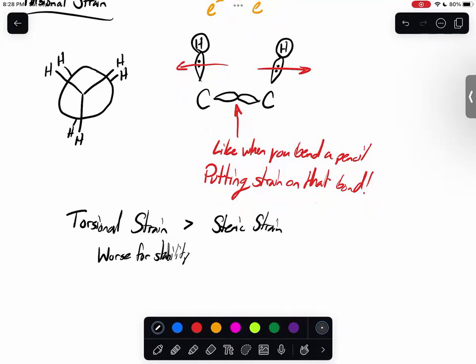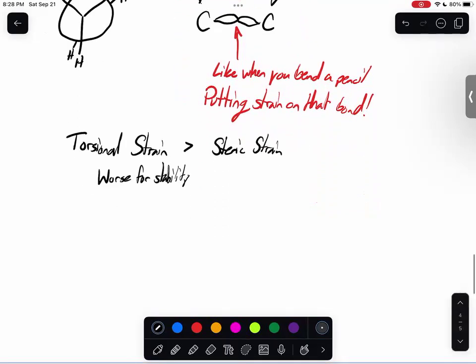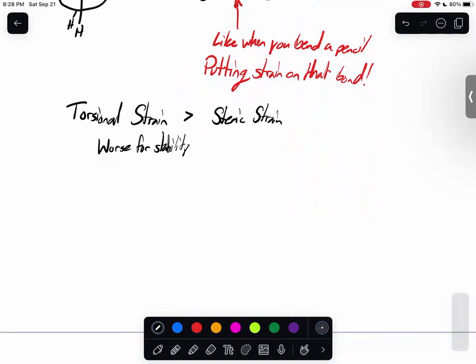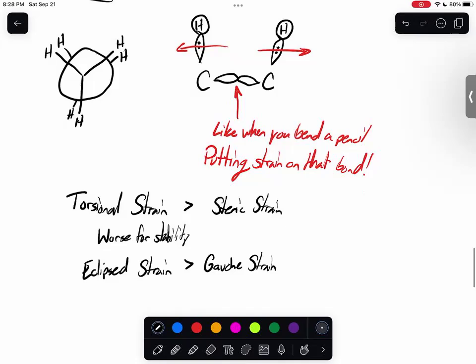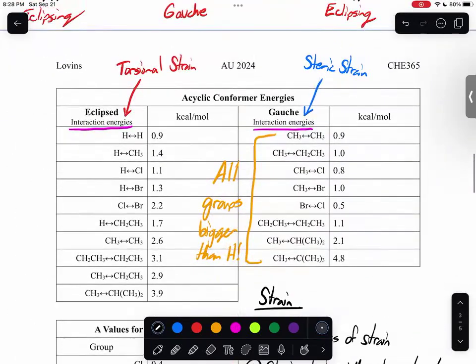So it's always worse, which tells us that eclipsed strain is also more than gauche strain. Because in the eclipsed form, that's why we have it up here listed as these eclipse interaction energies with torsional strain, which is much more than those gauche interactions with steric strain.